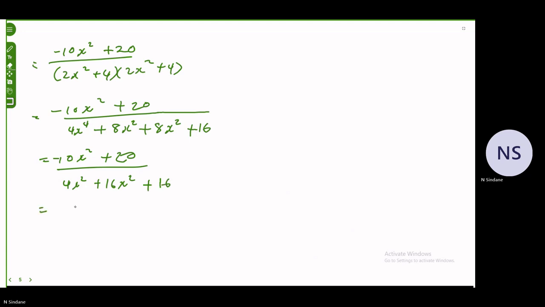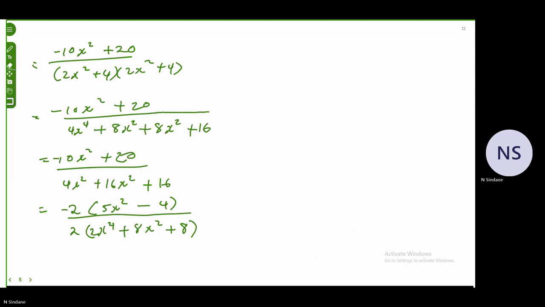So on top I'm going to have negative 2 into 5x squared minus 4, divided by 2 into x to the power 4 plus 8x squared plus 8.